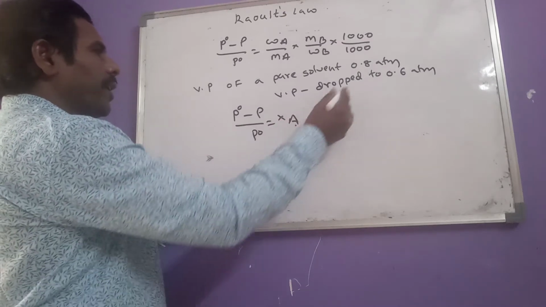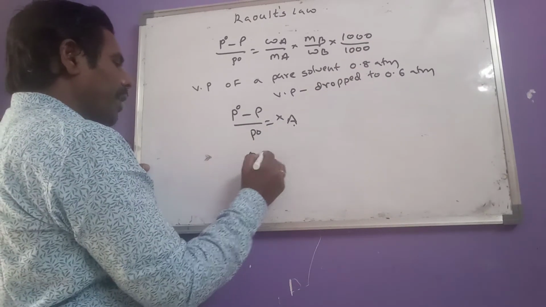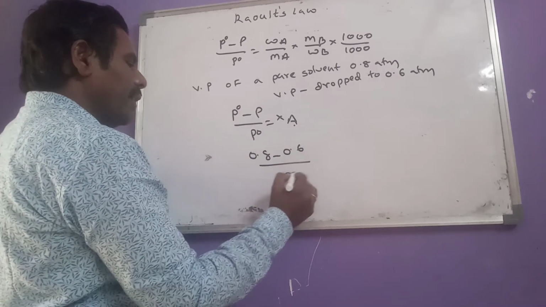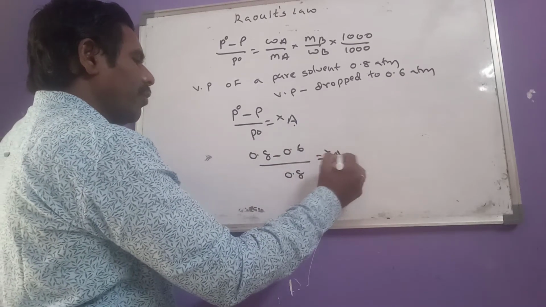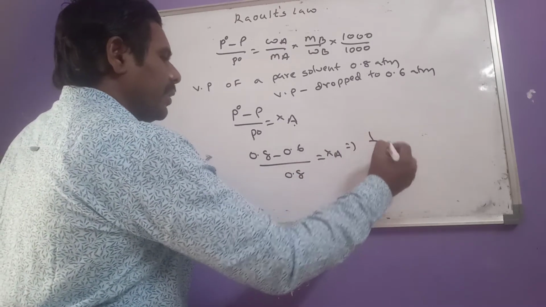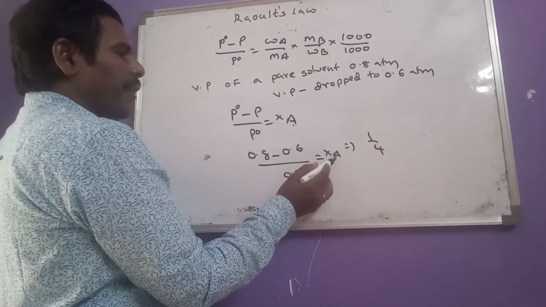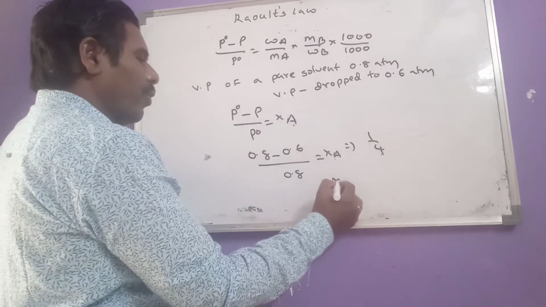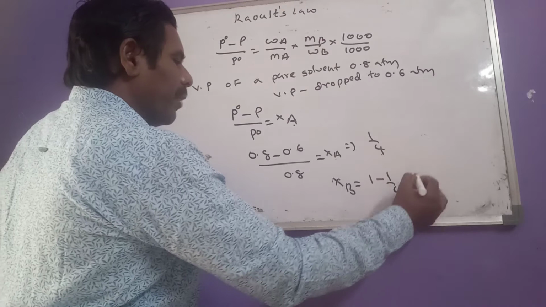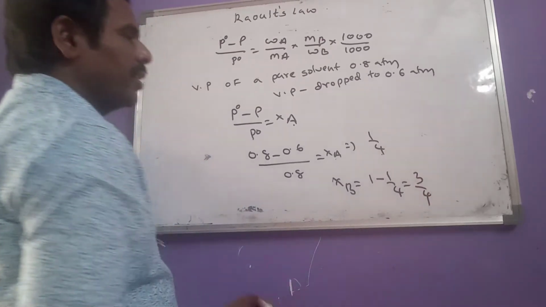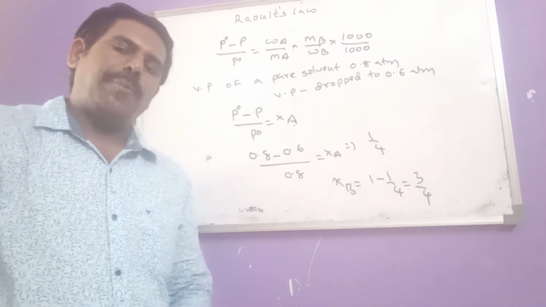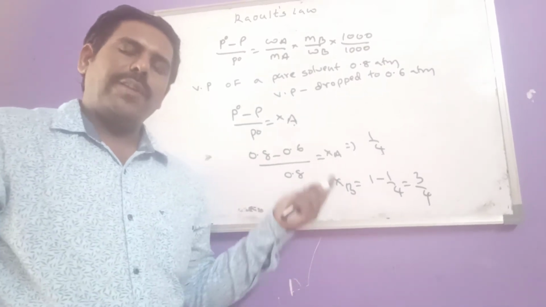So what is P naught value? 0.8 minus 0.6 divided by 0.8 equals XA. So upon calculation we get 1 by 4. So if XA value is 1 by 4, XB value will become 1 minus 1 by 4. So we get how much? 3 by 4.